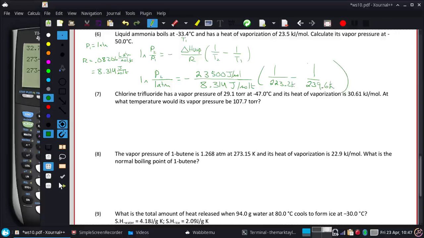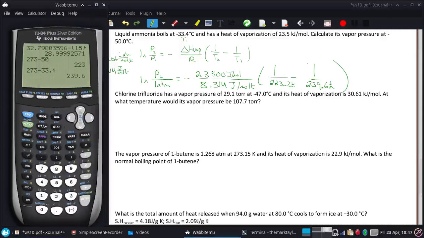All right, now we're kind of ready to solve for this pressure, which is a little bit trickier than math we've had to do so far this term. So we're going to solve everything on the right, and I'm going to start with my parentheses first. Rather than type 1 over 223, I'm actually going to get my calculator to do that by doing 223.2 and using that x to the negative 1, and then subtract 239.6 x to the negative 1.